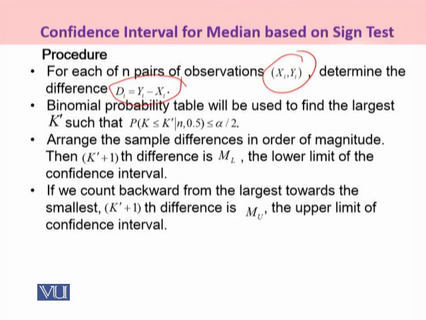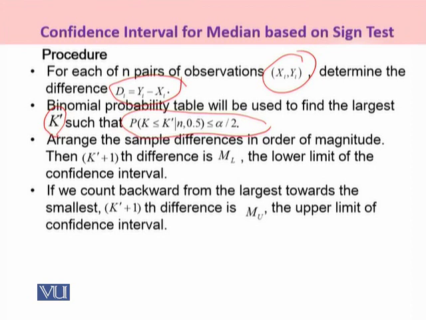Once we have calculated the differences, the binomial probability table will be used to find the largest k′ such that the probability of K less than or equal to k′, given n, where n is the sample size, and 0.5, which is the proportion, is less than or equal to α/2, where α is the level of significance.